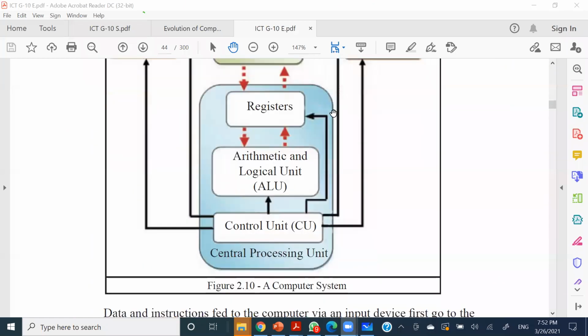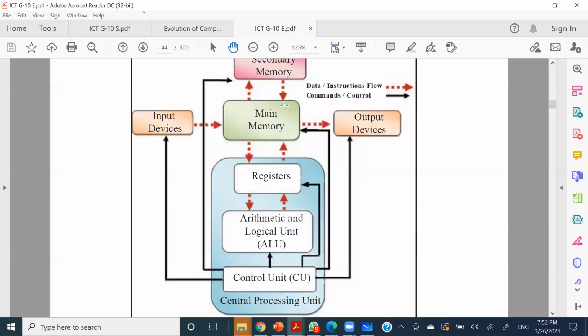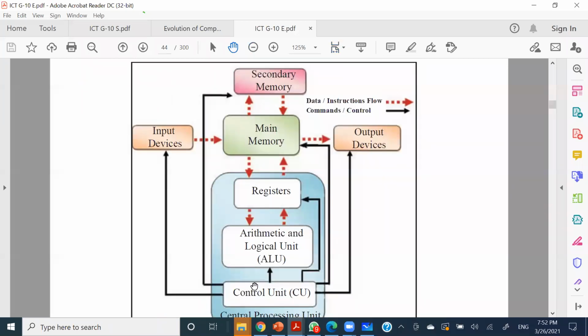This particular diagram shows us how the components work in the computer. We have input devices. When we enter the data from input devices, it goes to the main memory, and main memory sends the instructions one by one to the central processing unit.